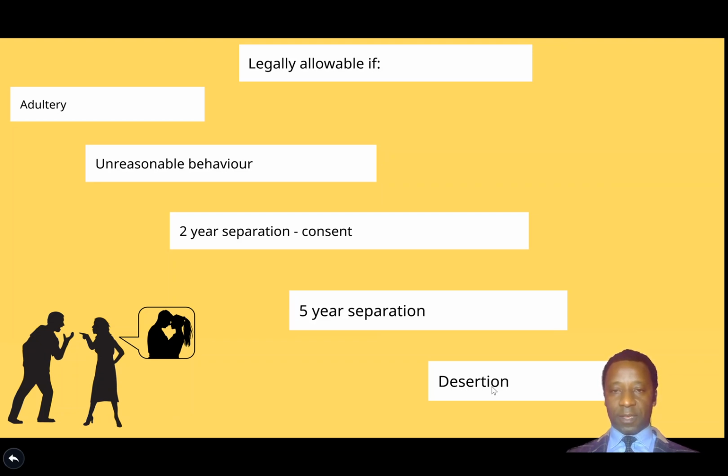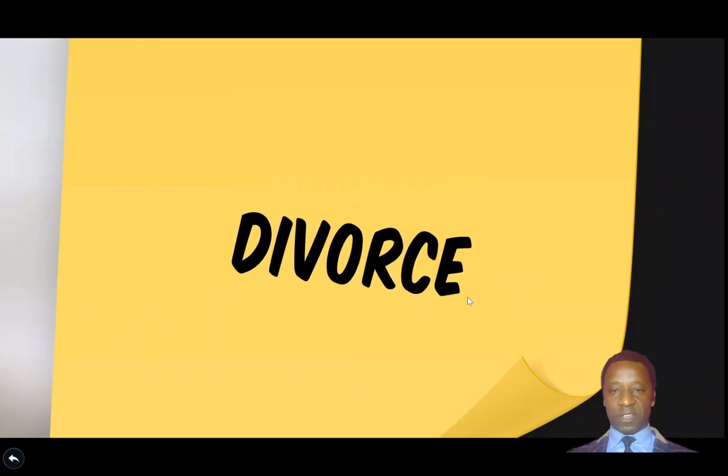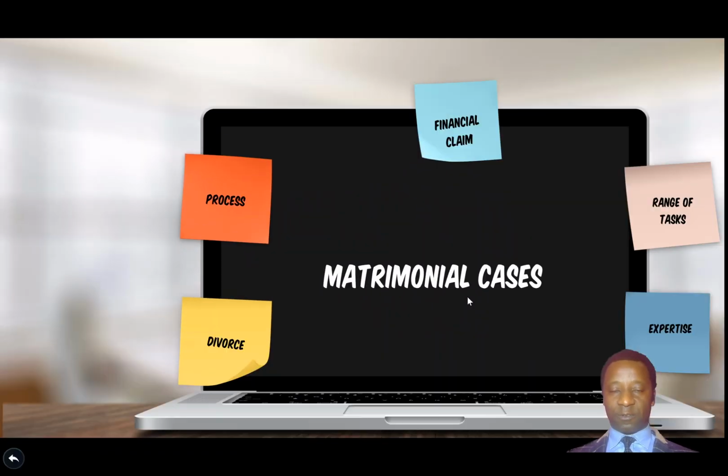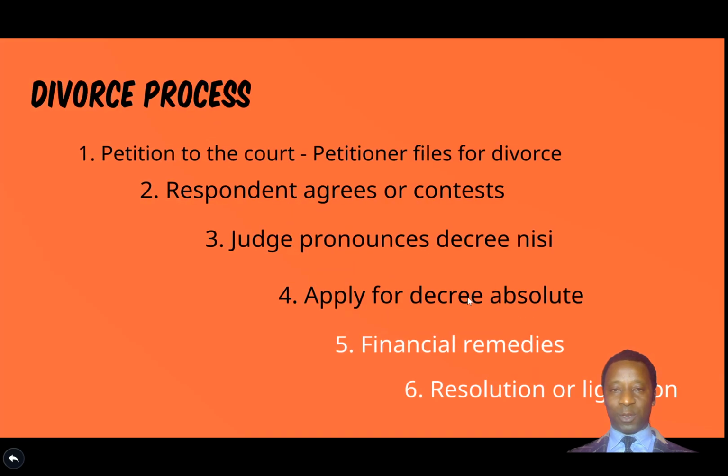If it is not a marriage relationship, but rather a civil partnership, then the judge will not look for evidence of adultery. The judge would only look for evidence of any of these four. If the judge is satisfied that there are grounds for the divorce or the dissolution, then a copy of the petition will be sent to the respondent, that is, the other party to the relationship.